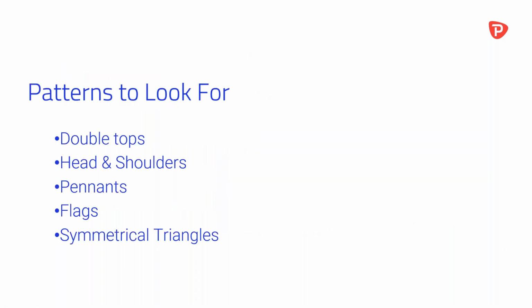So before we get into the charts, we want to talk about some patterns that we look for in these times of uncertainty. Specifically things like double tops, head and shoulders, pennants, flags, and symmetrical triangles are all very great patterns that you do want to be looking at. I would say that these are some of the best patterns out there.